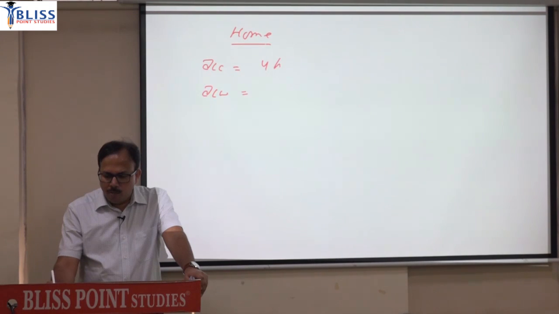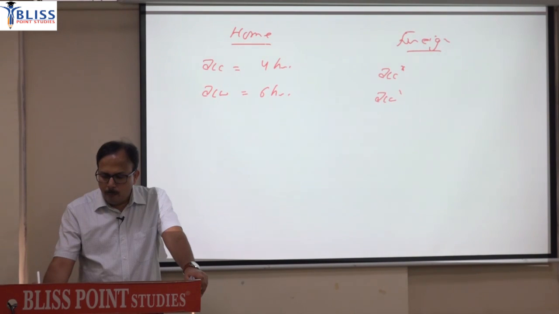Suppose it was written as 4 hour and 6 hour. For the foreign country, if it is ALC and ALW, if you take the inverse, 6 hour and 4 hour.